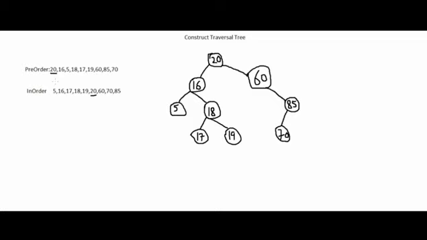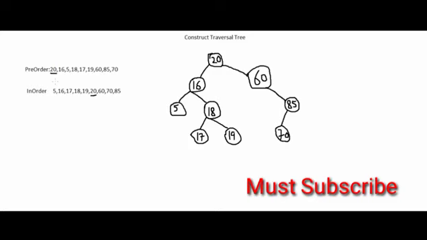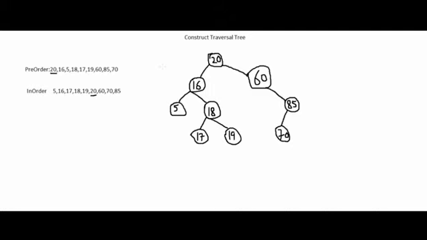You have to do the same for the right side of the parent root node, and we constructed the tree using the same pattern and technique. So this was all about how to construct a tree from pre-order and in-order.